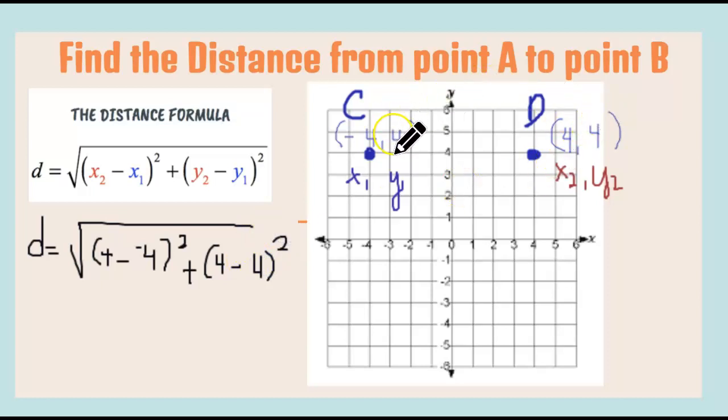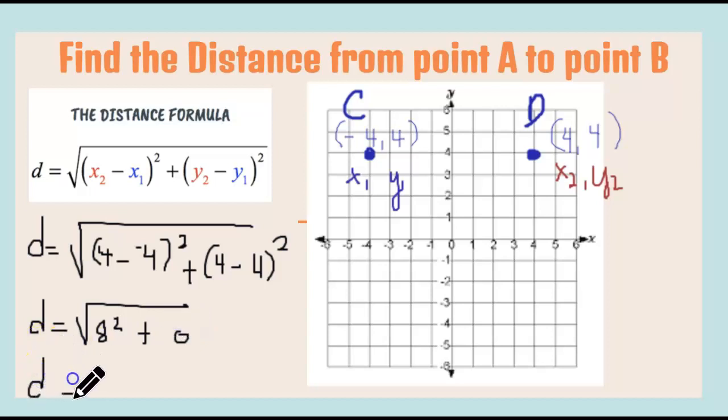That's 4 minus -4, so the distance will be 8, right? 4 minus -4 is 8, or you change and change. Remember, plus squared, this is already 0, so I'll just calculate 0. So the distance will become 8 squared is 64, and the square root of 64 is also 8.